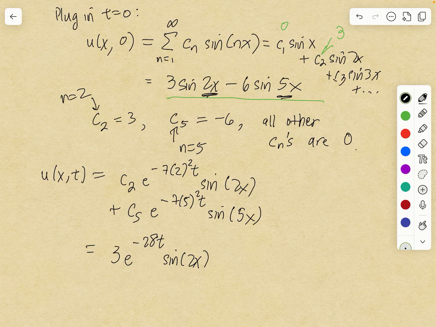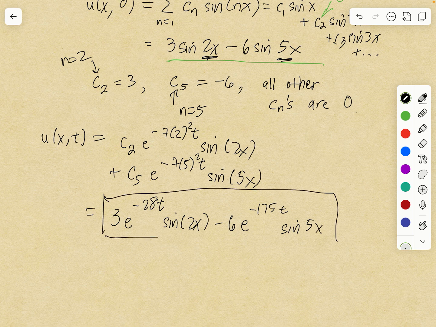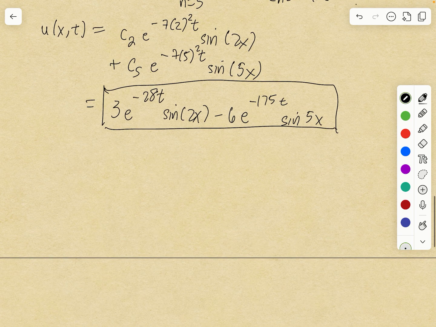So I'm going to get minus 6 e to the, and then the exponent turns out to be negative 7 times 25, which is negative 175 t sine 5x. And that's the answer. Let's do one more problem that's similar to this.